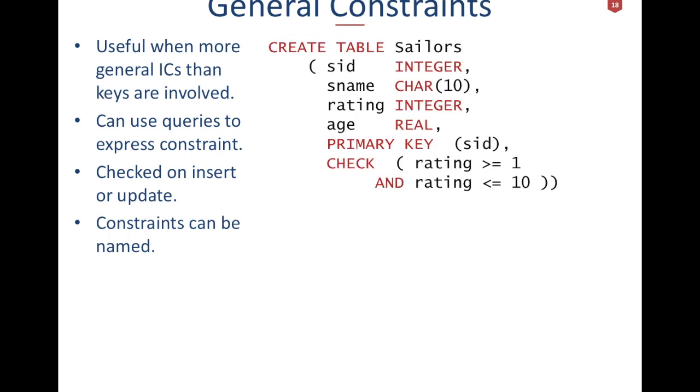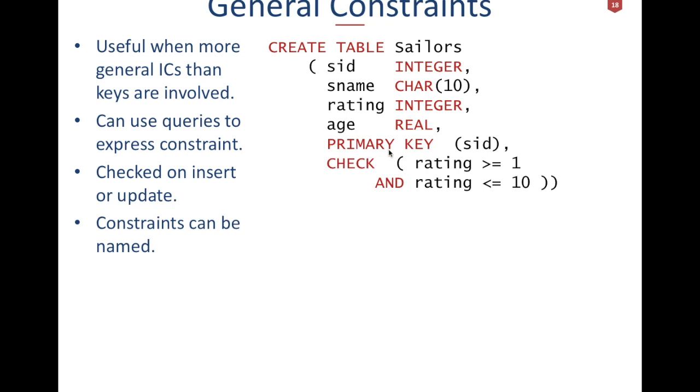For example, I have table sailors, I have specified SID, SNAME, rating, age, and I specified primary key SID. Now if we add CHECK to this SQL statement when we create the table, CHECK is actually a general constraint.